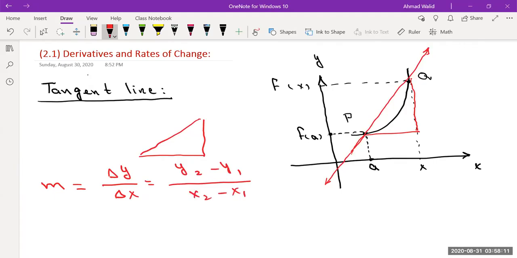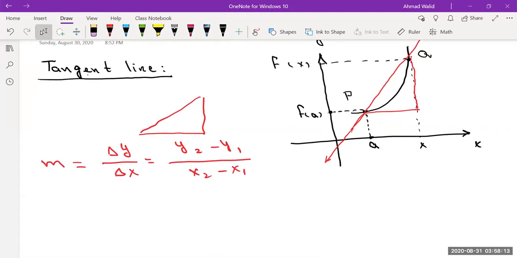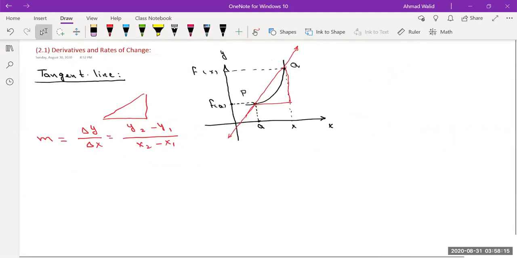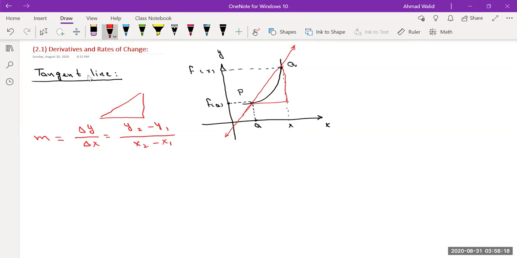Now, let's change these names a little bit, right? Let's look at our graph. If this is A, delta y will be what? Actually, this point is your x2. If I name it with the red, this point is x1, this point is x2, then this one becomes y1, this one becomes y2, right?